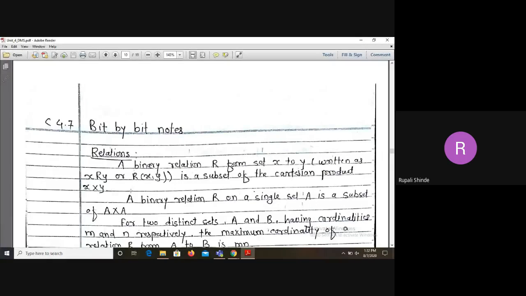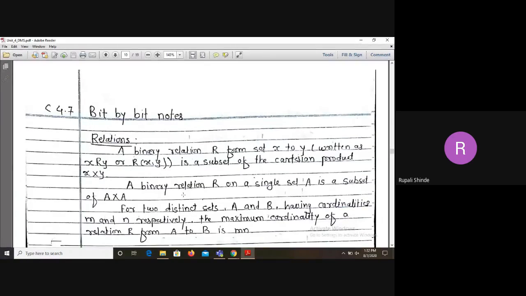So if there are two different sets X and Y, then the Cartesian product of X and Y will be a relation from X to Y.